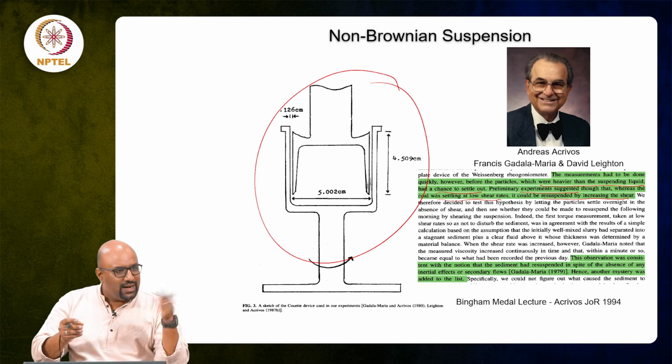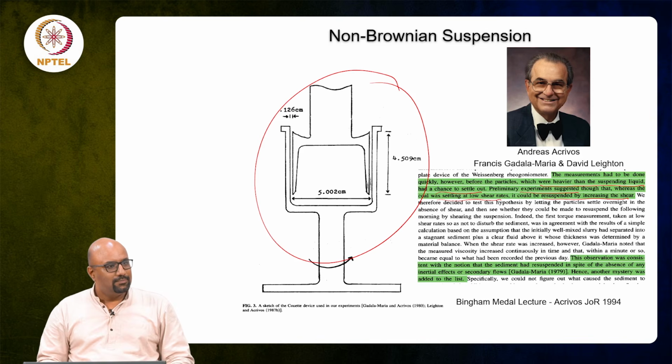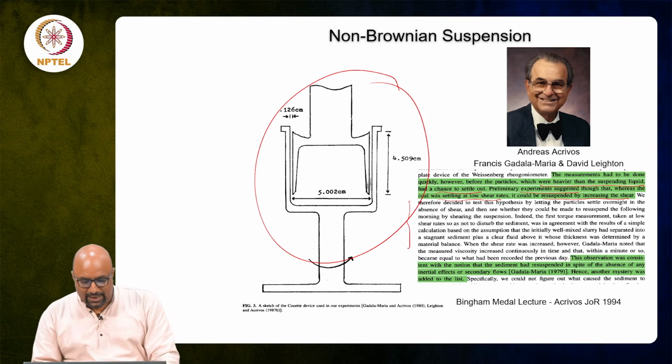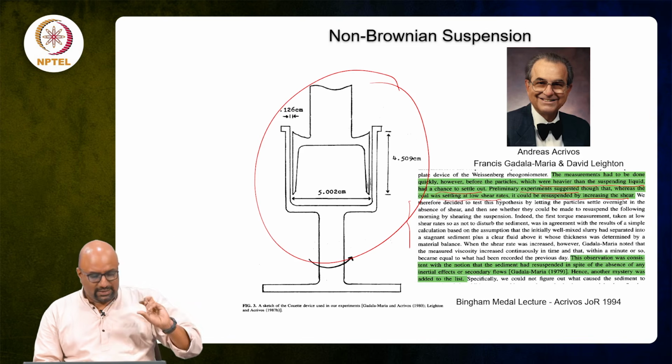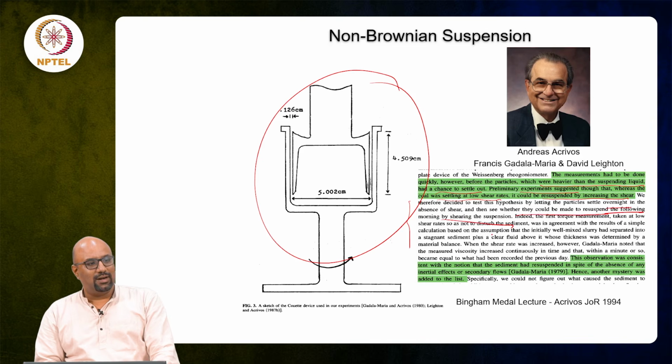But then if you increase the rotation rate, it seems to get resuspended. And they even tried this, if you read the next part which is not highlighted, that they turned it off, let everything settle down, so it completely cleared out. Then when you turn it up, it got resuspended by shearing it.